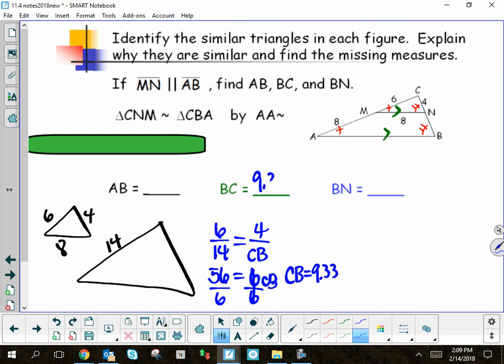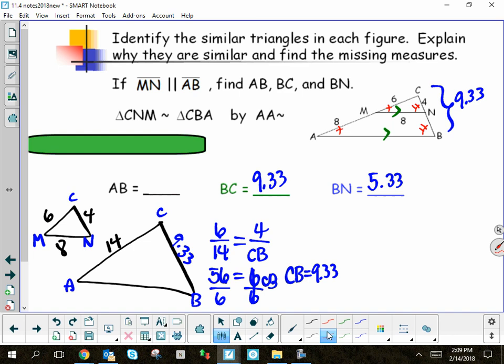So CB, I should probably label my triangles over here. This is B, this is A, this one is C, this is M, and N. All right, so this is 9.33, okay? Well, if that's 9.33, we know CN is 4, so we can just subtract 4 from that, and that'll get us NB, which is 5.33.